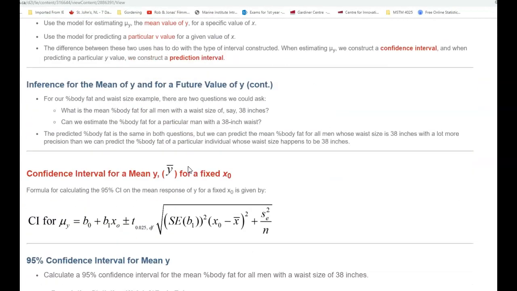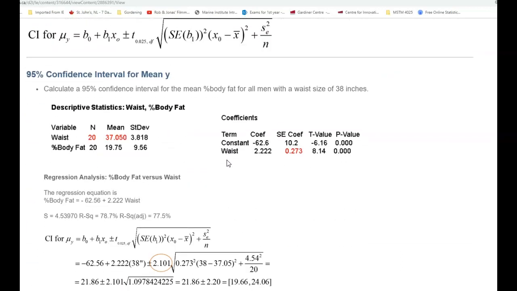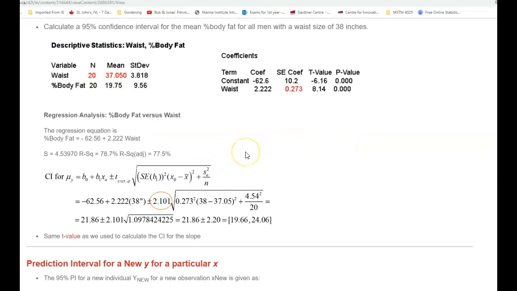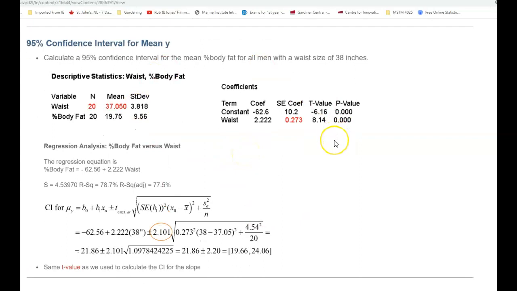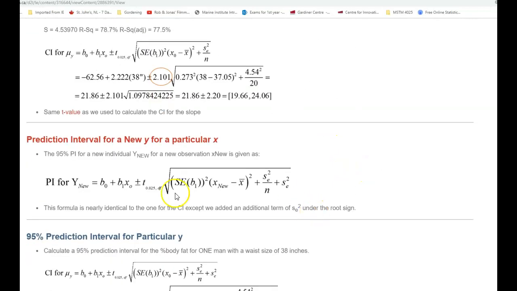One more last topic we want to talk about is the 95% confidence interval for a given X value. Because Excel does not really provide this calculation, unlike other statistical software, in this case I designed a template.